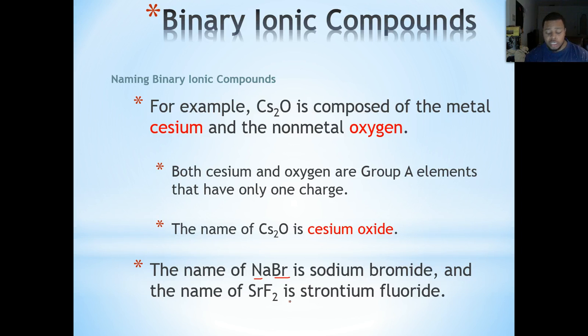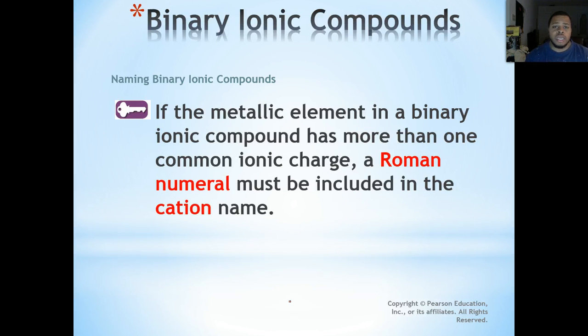Ask questions immediately. Now, if we're dealing with a transition metal, which is the ones we talked about having more than one common ionic charge, we have to include, just like we did before, the Roman numeral saying the charge in the name.